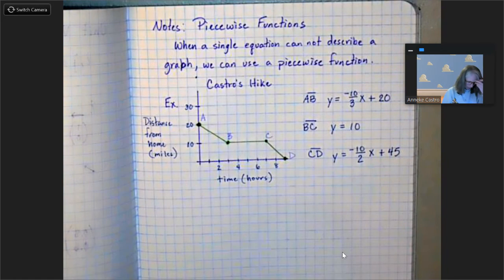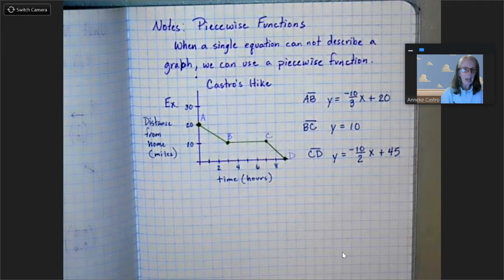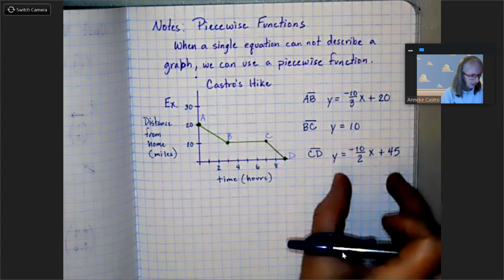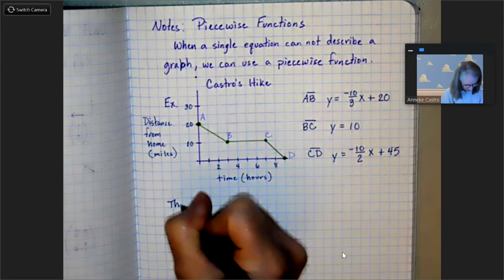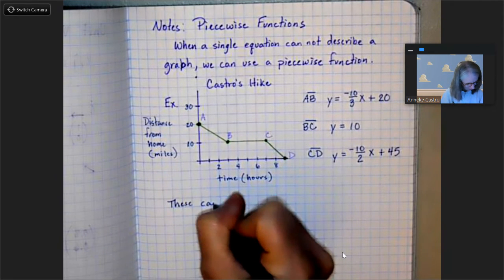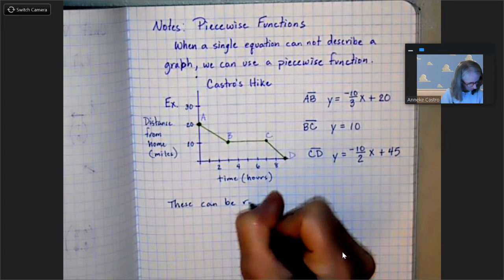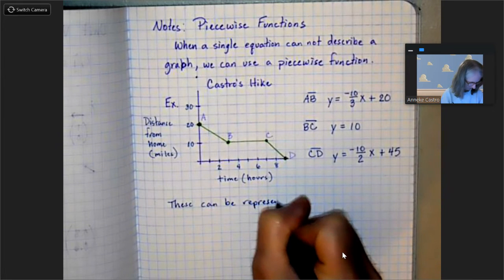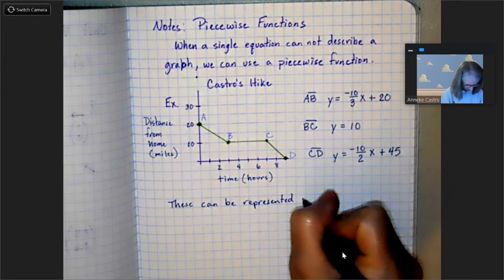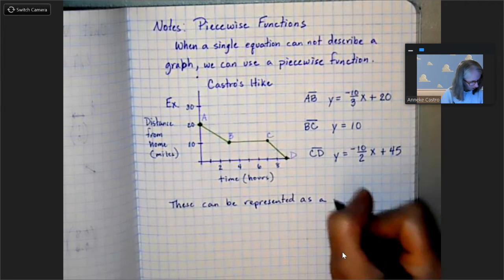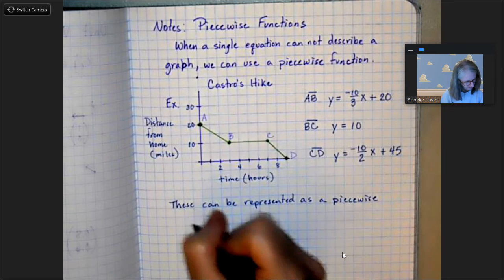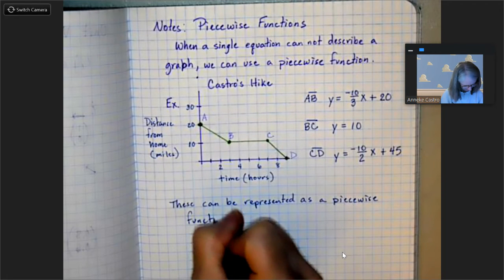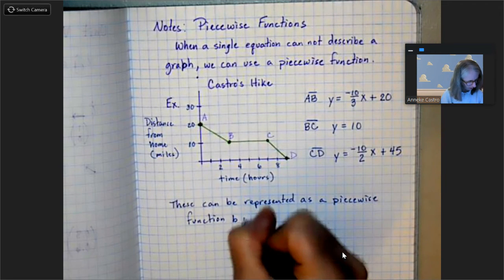These can be represented as a single function by including the domain for each of these sections. So this is how we're going to do it. We're going to write that down: these can be represented as a piecewise function by including their domains.